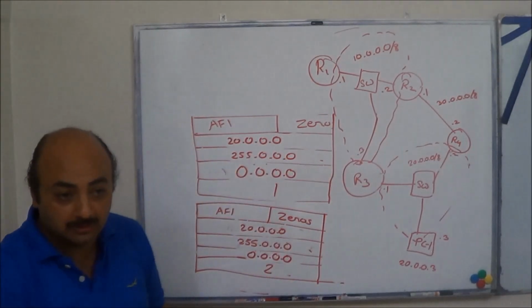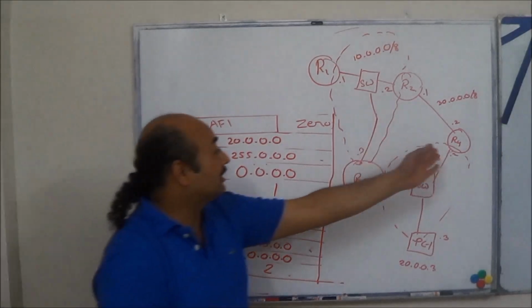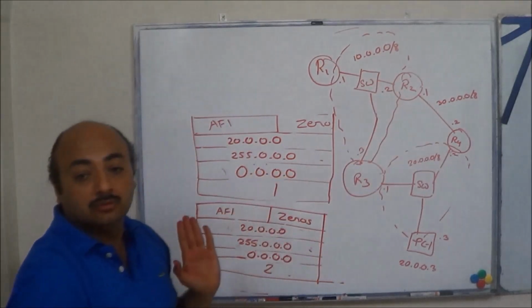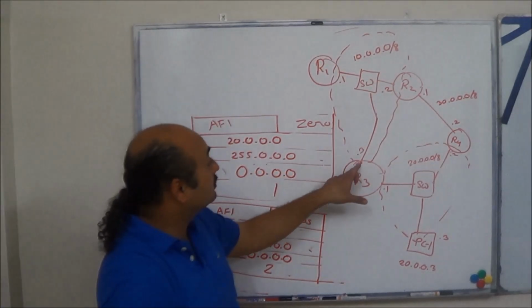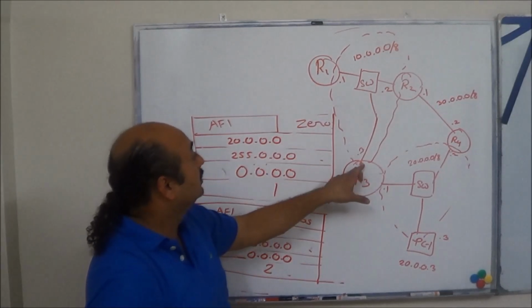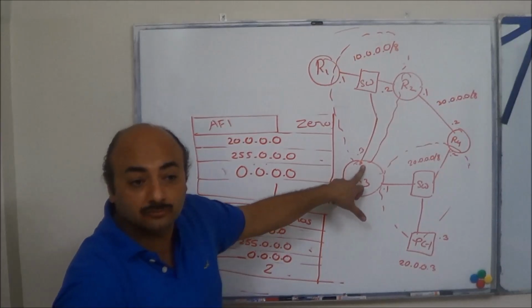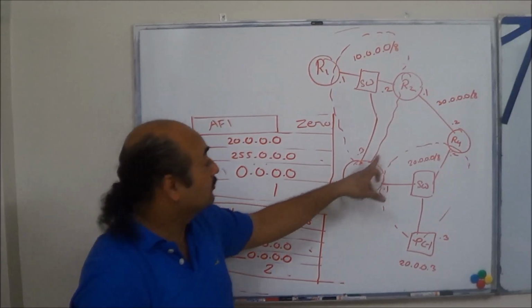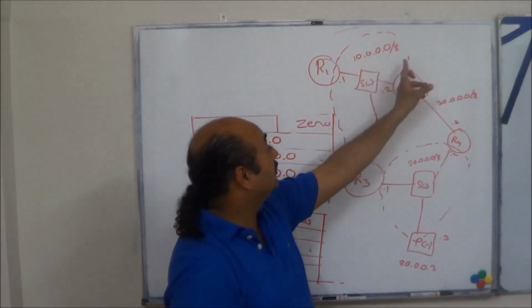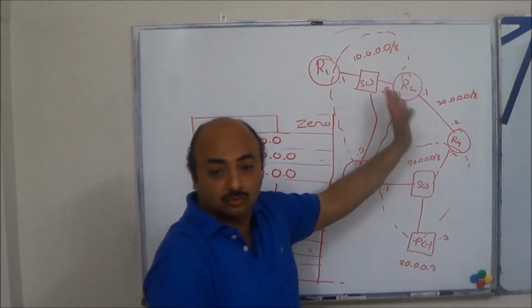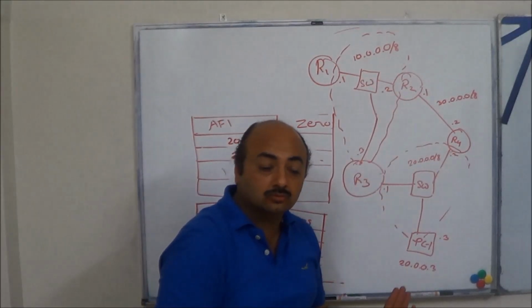And it will keep it, whereas it would have come from here as 2. And who would have advertised this? Who is advertising this part? R3, 10.0.0.3. Right? And who's advertising this one? 10.0.0.2 with a hop count of 2. Yes or no? Yes, sir.